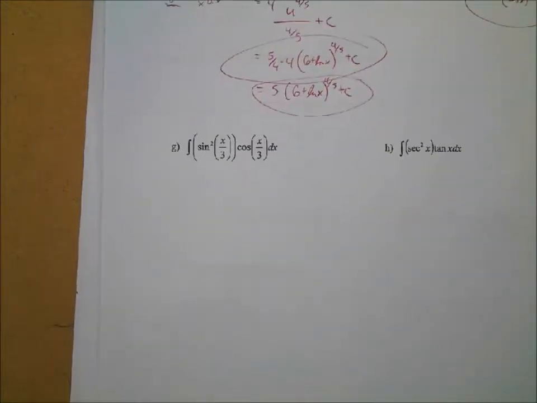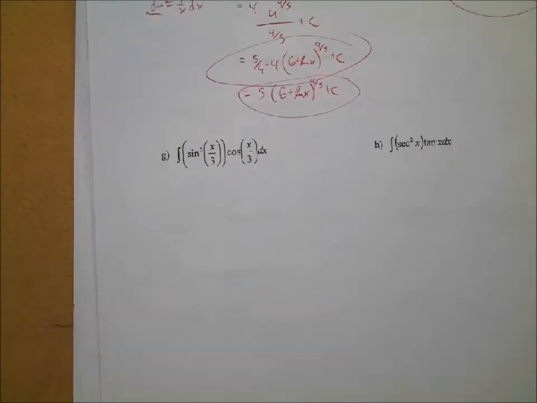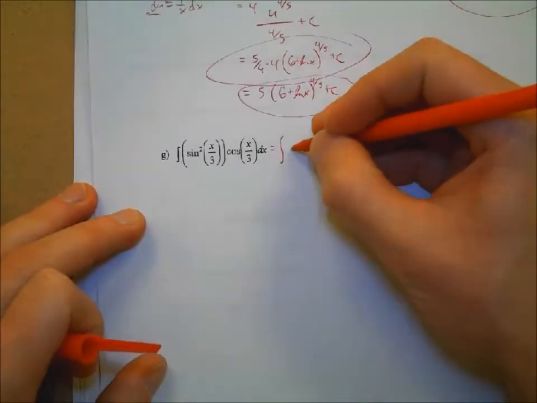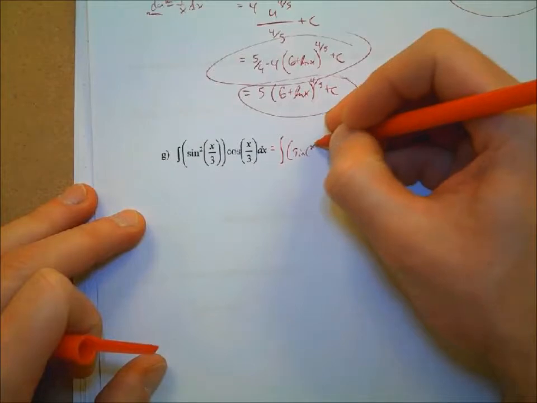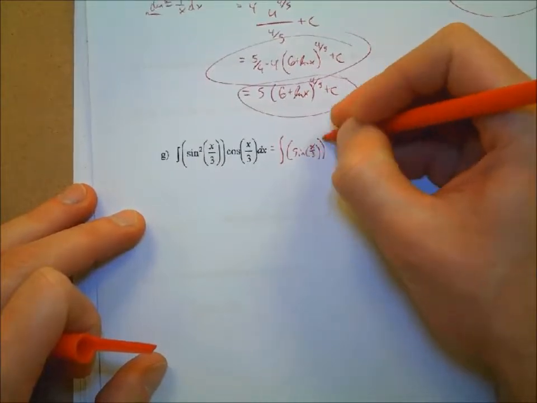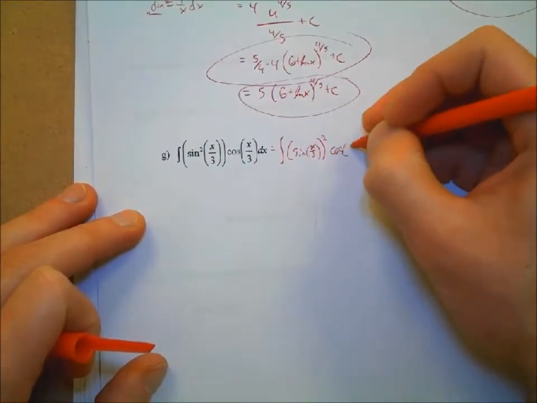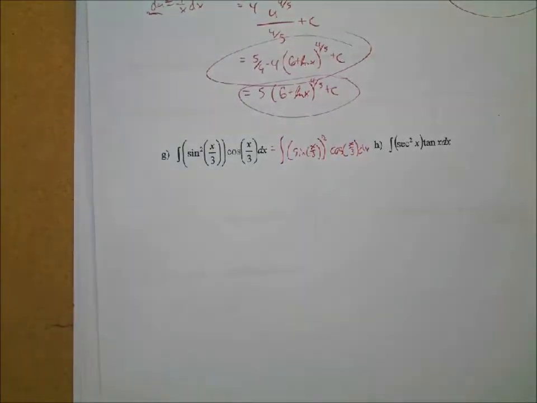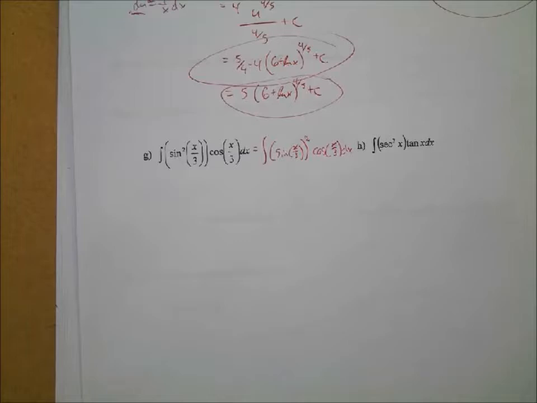All right. Letter G. The integral of sine squared of x over 3 times the cosine of x over 3 dx. Again, remember that this is equivalent to the integral of the quantity sine of x over 3 squared times cosine of x over 3 dx. So what would be a good candidate for our u here?